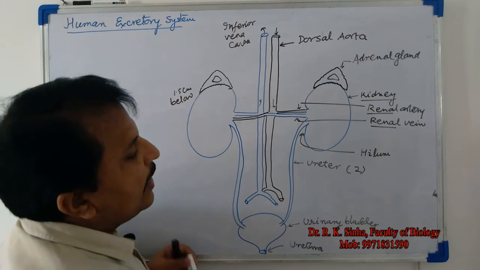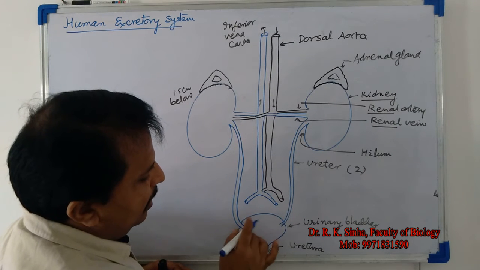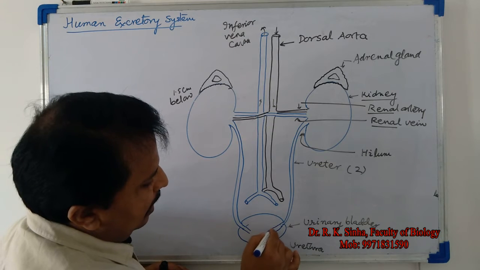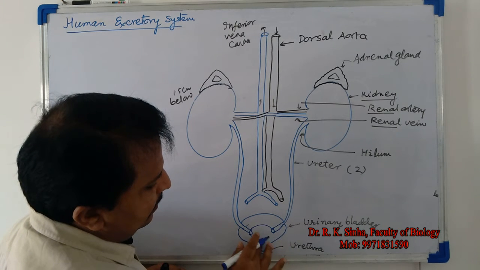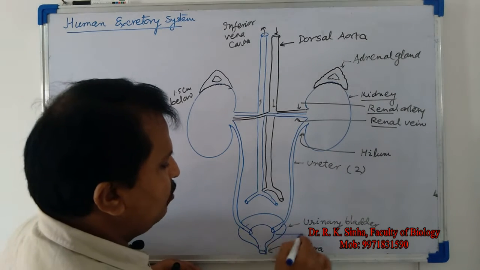These two ureters open into the trigone part of the urinary bladder. This is the trigone, a structure inside the urinary bladder.